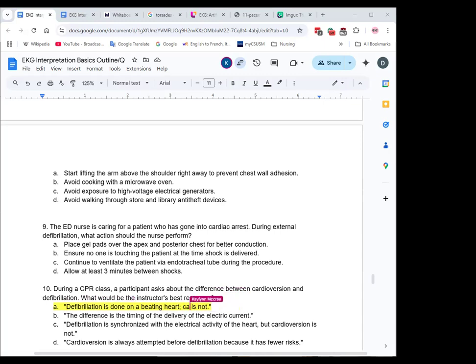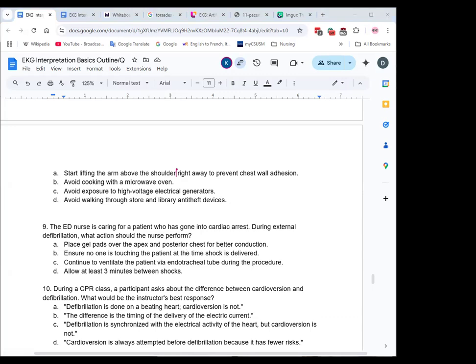I'm sorry, Josh. It's been a day. The intended answer was B. If you were to defibrillate a patient when you're supposed to do synchronized cardioversion, you're going to send them into a really cruddy rhythm.